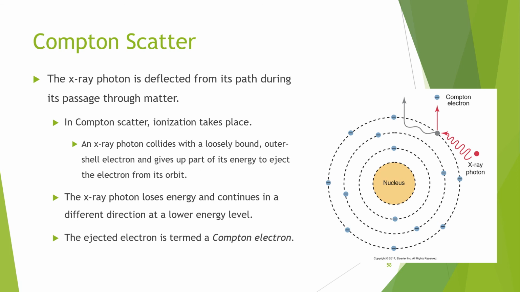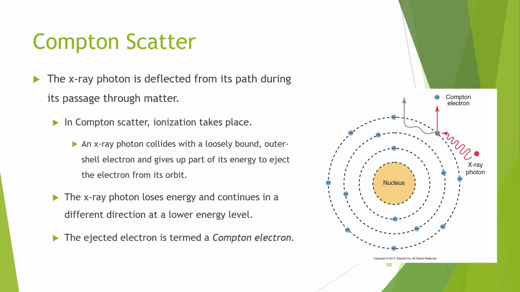Next is Compton scatter. Here, the X-ray photon is deflected from its path during its passage through matter. In Compton scatter, ionization takes place when the X-ray photon collides with a loosely bound outer shell electron and gives up part of its energy to eject the electron from its orbit.